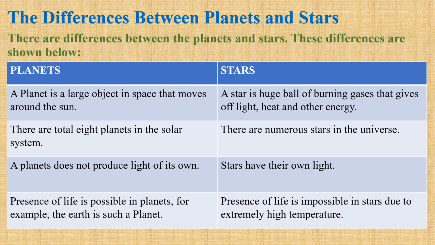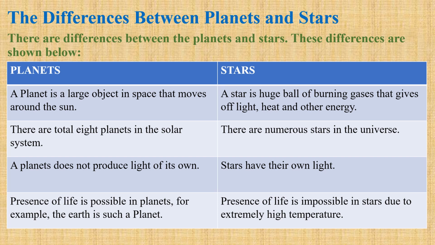A star is a huge ball of burning gases that gives off light, heat, and other energy. How many planets are there? There are a total of 8 planets in the solar system. Now how many stars are there? There are numerous stars in the universe.